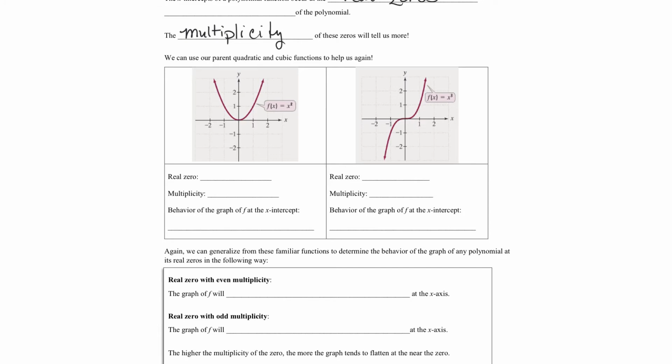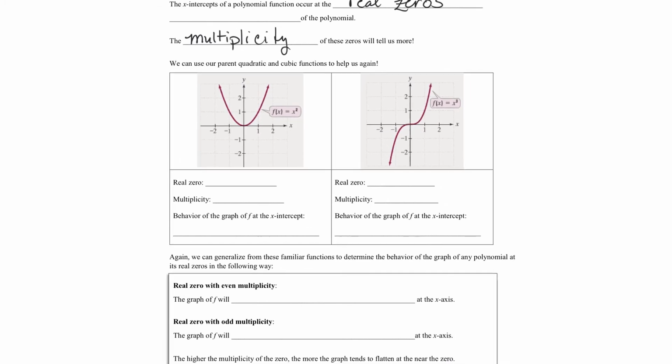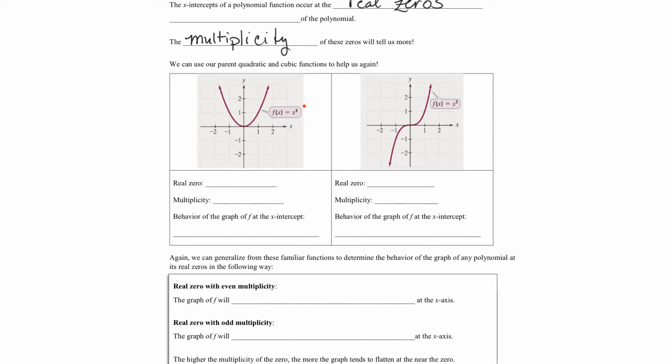So if I'm looking at the graph of f of x equals x squared, which is my parent quadratic, if I wanted to solve this to find its real zeros, I would set x squared equal to 0, right? Which would mean x times x equals 0. And then using my zero factor property, I would say x equals 0 or x equals 0, right? So my one real zero is at x equals 0. But how many times did I repeat myself as I was solving it?